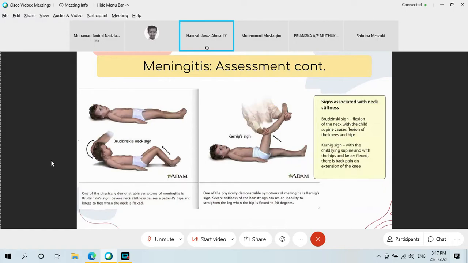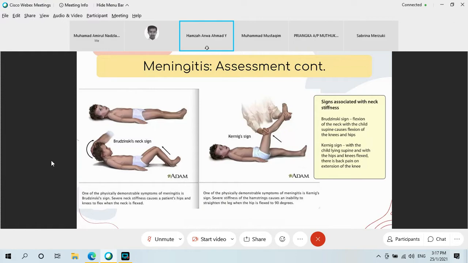Okay, this is the Brudzinski and Kernig sign. For the Brudzinski sign, as you can see in the left picture, the child is lying in supine position. You will try to flex his neck, noticing there is some rigidity, and while you are doing that, the child's hips and legs will be flexed.